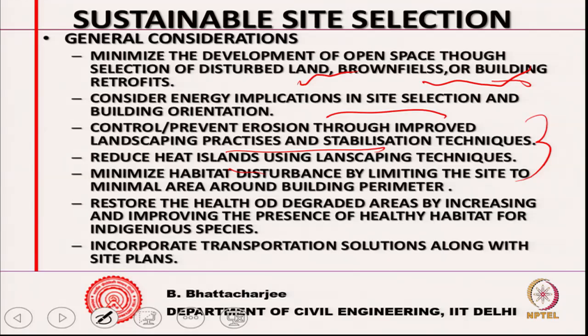Minimal area around the building perimeter, minimize habitat disturbances; you do not disturb all kinds of habitats around. Restore the health of degraded areas; if there is degraded area, put them back, improving the presence of healthy habitat for indigenous species, whatever is there around.